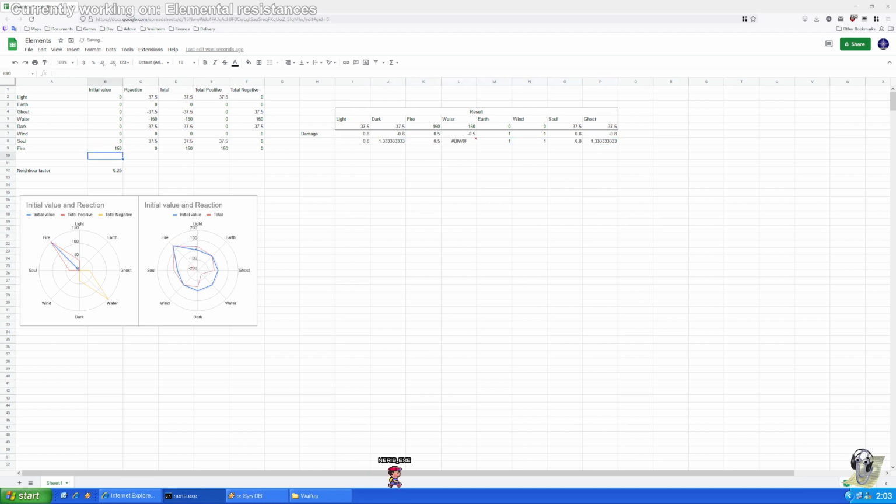So 150. This should be double. This should be half, but this should be double. Right? Then 300 is a 1/3. And this should be 3 times. How do I do that?